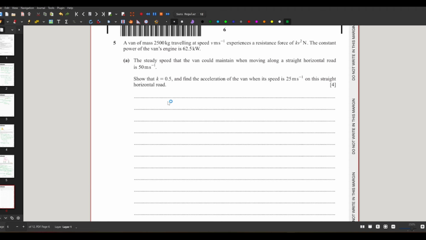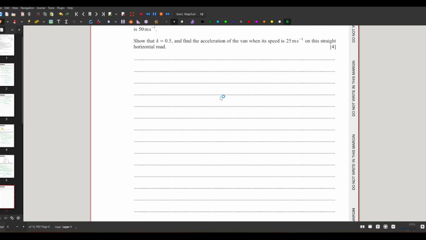Okay, first you have to show that the k value is 0.5, and then you have to find the acceleration of the van. This one is really easy, not very difficult. So let's indicate the information we know.